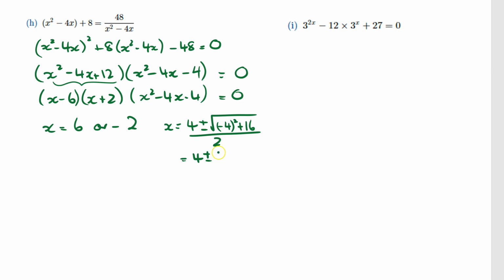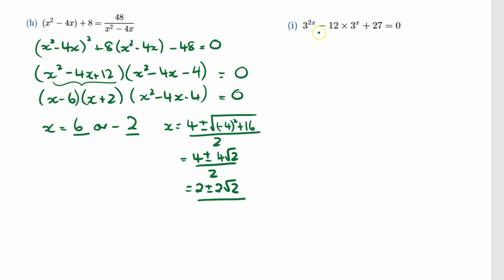Now root 32 is 4 root 2, that's all over 2, so that becomes 2 plus or minus 2 root 2. So I have four solutions, that, and these two. Okay, a good example of a mix of techniques.